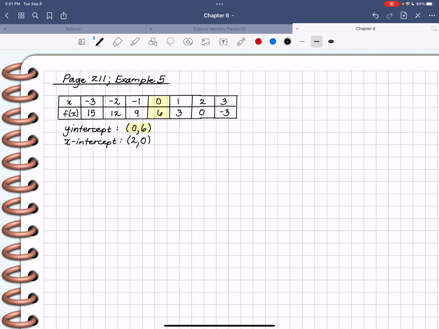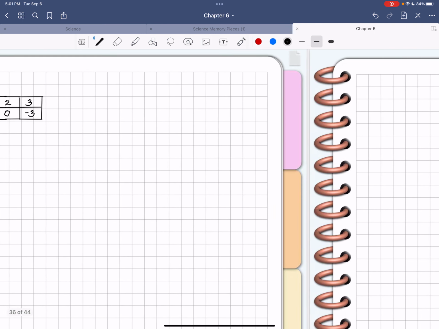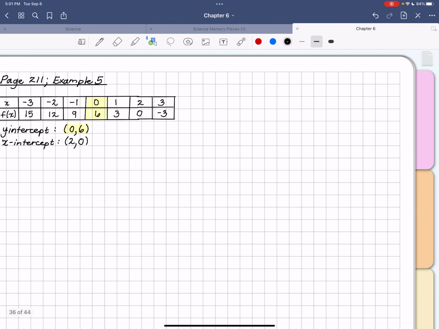All right, then we have a graph to look at, which is by far my favorite with intercepts because I just have to look at the graph to see where the intercept would be. So this one is scaled 0, and then 1, 2, 3, and then on to infinity.